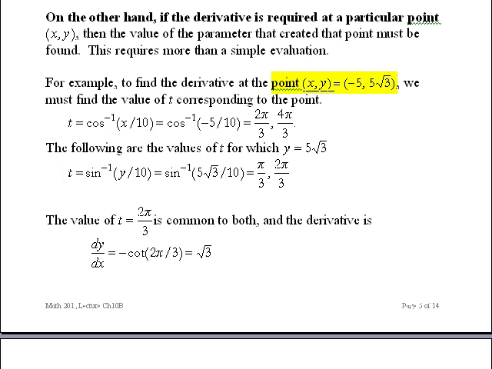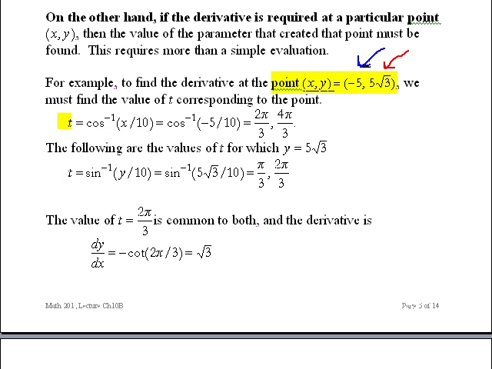We have to find the corresponding value of t. So look first at the x equation, and find what values of t would have given us an x of minus 5. Then we find what values of t would have given us the y of 5 times the square root of 3.